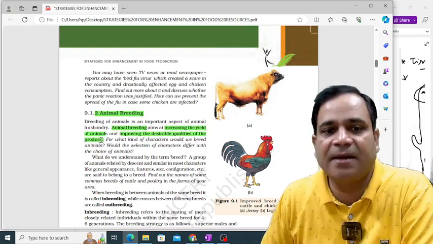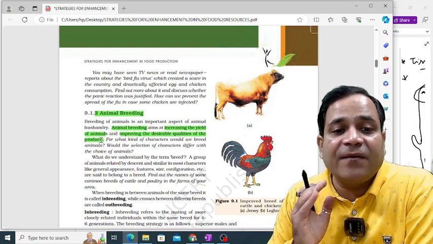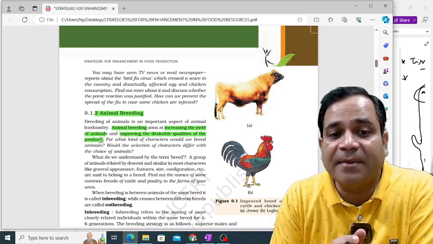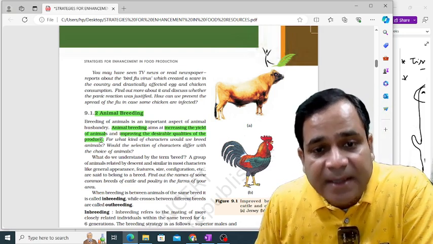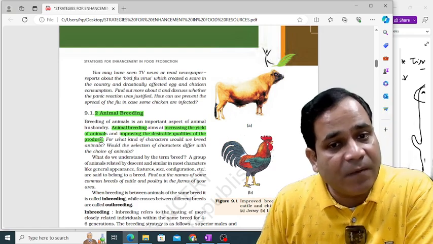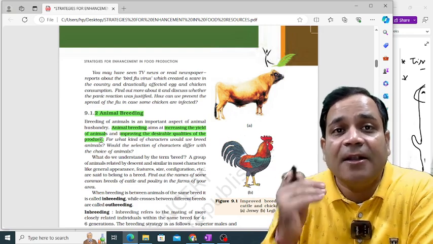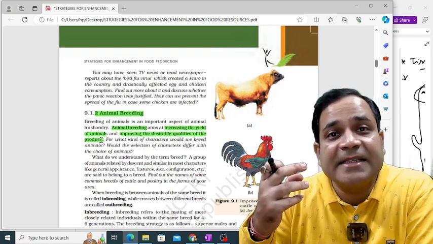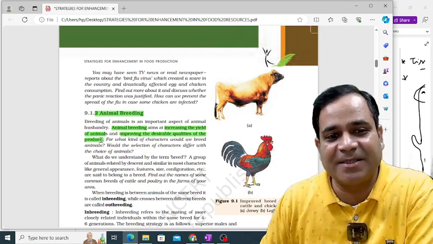Two things are very important in animal breeding. Number one, increasing the yield of animals. And second, improving the desirable qualities of the products, my dear.